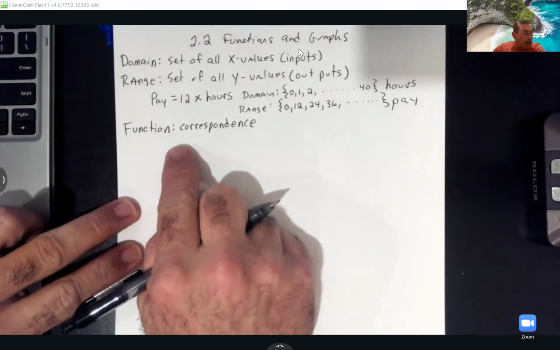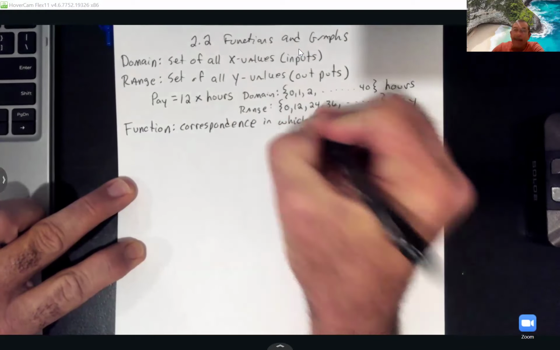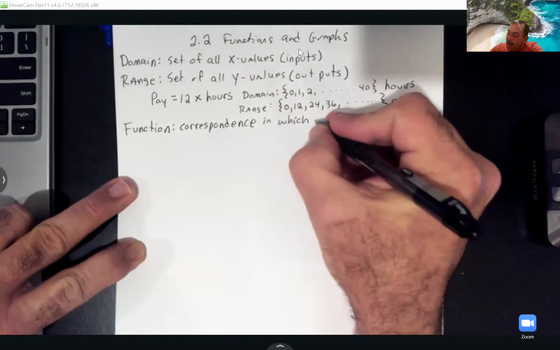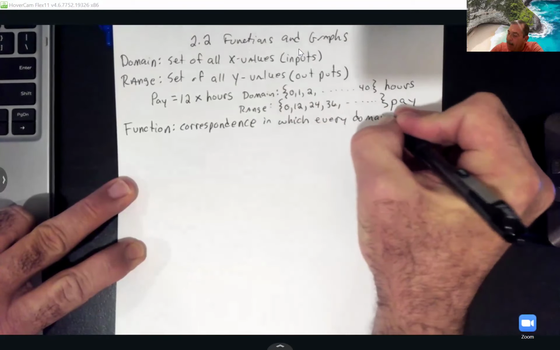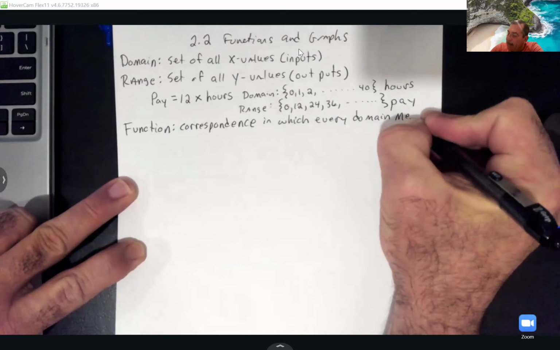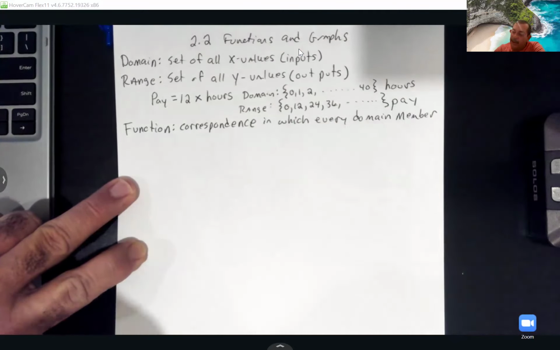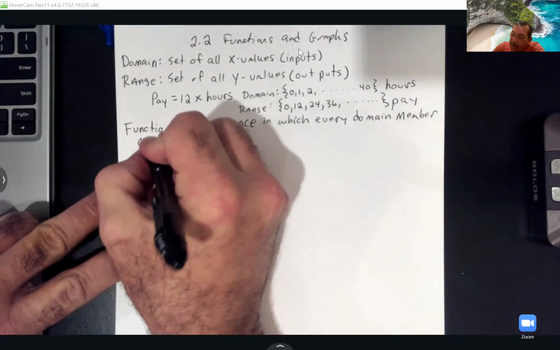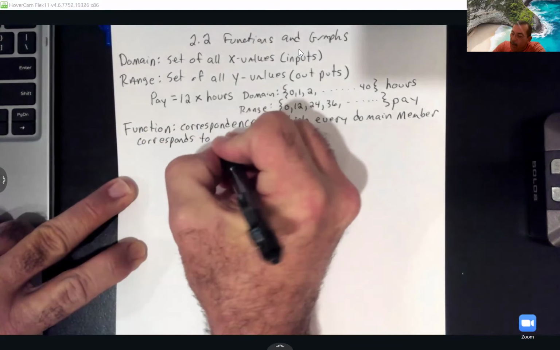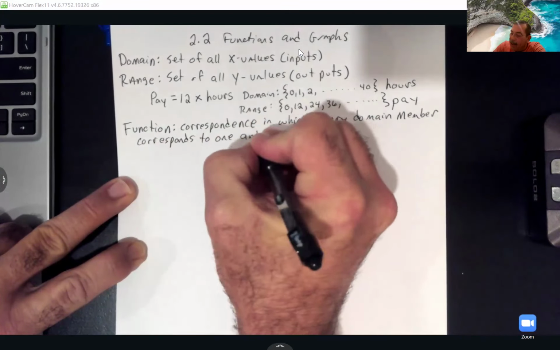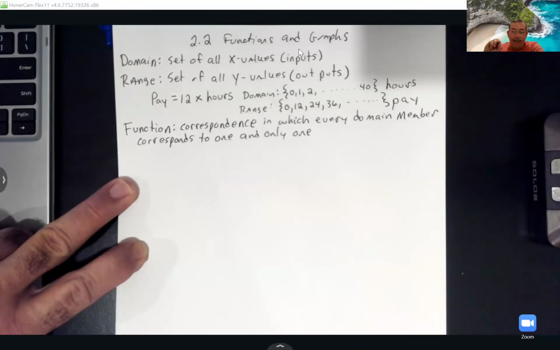So a function is a correspondence in which every domain member corresponds to one and only one range member.